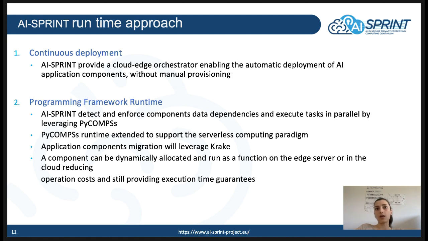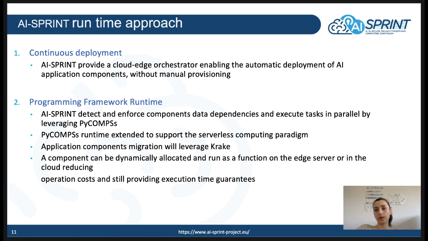As a programming framework runtime, AI Sprint will provide a runtime system in charge of supporting concurrent code execution, automatically detecting and enforcing the data dependencies among components, and executing tasks in parallel by leveraging pipelines. Within AI Sprint, the pipelines runtime will be extended to support the serverless computing paradigm.